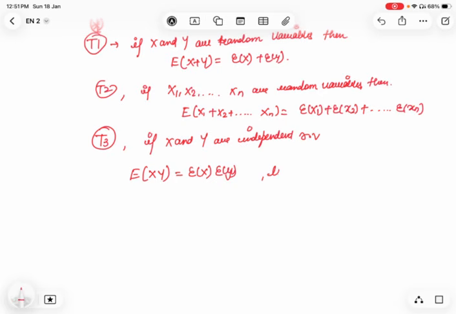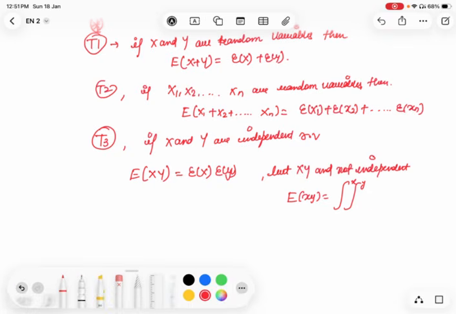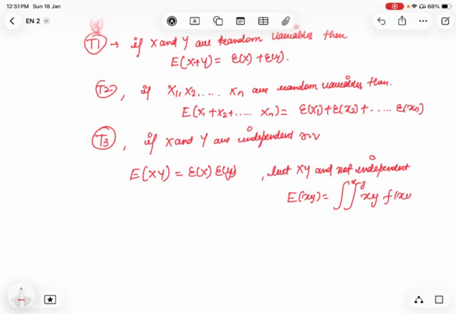But if x and y are not independent, then you have to calculate like this: the double integral of xy f(x,y) dx dy. You have to integrate first for x and then for y.